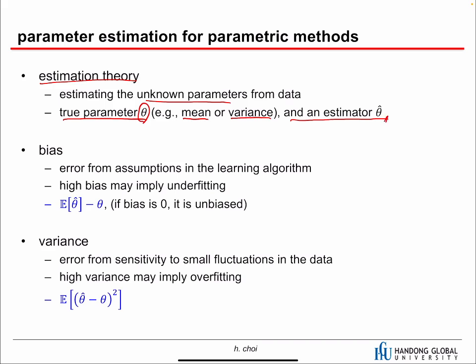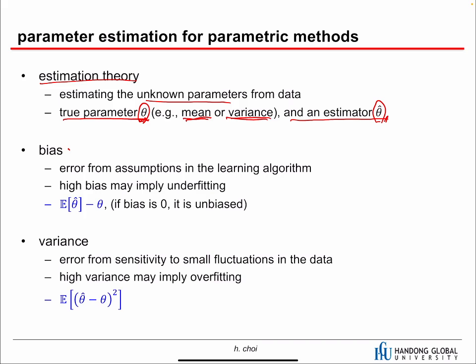For example, we can measure 1,000 persons' height, and then from those samples we can estimate the mean and the variance. That's the estimator. Usually we use hat here. For the true parameter, we don't have a hat, we just use theta. In estimation theory, there are two important concepts. First one is bias.